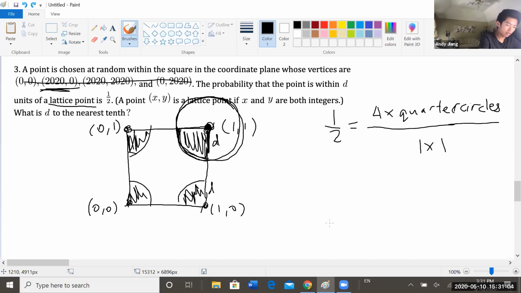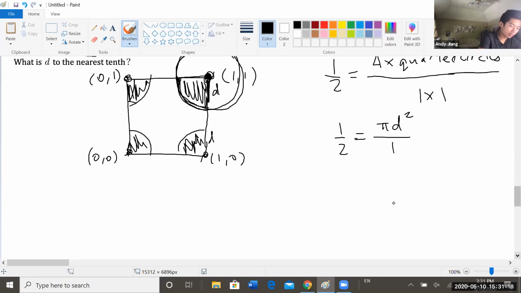Now the area of the 4 quarter circles is the area of one circle, which is pi r squared. So pi d squared over 1. Now solving for d, I get d squared equals 1 over 2 pi.